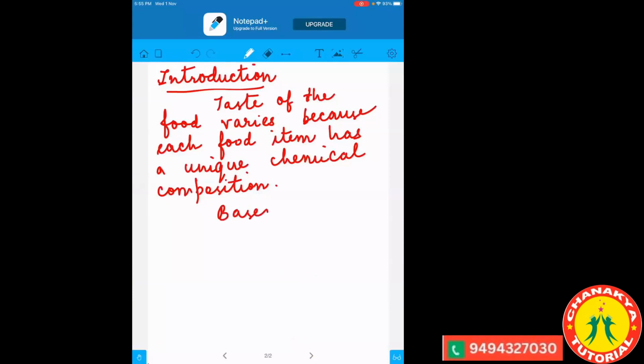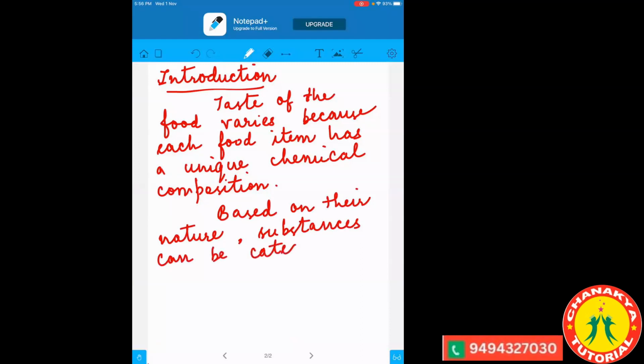Now, based on their nature, substances can be categorized. Depending on the nature, there are three categories: acids, bases, and salts.